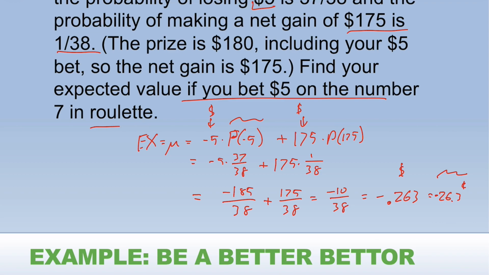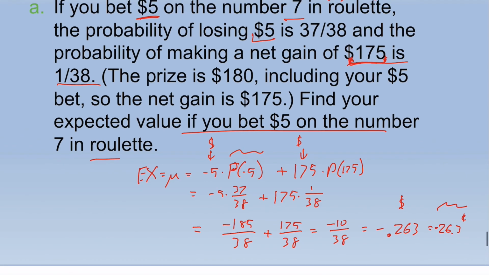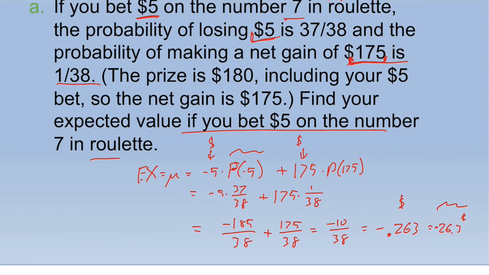And so if I did it 100 times, I would probably end up losing around $26. And if I did this 1,000 times, if I just bet all day, I'd probably end up losing $263. I'll bet it would be quite close to that. So maybe I would win twice or maybe 3 times if I did this 1,000 times, and I would lose a whole lot of money.